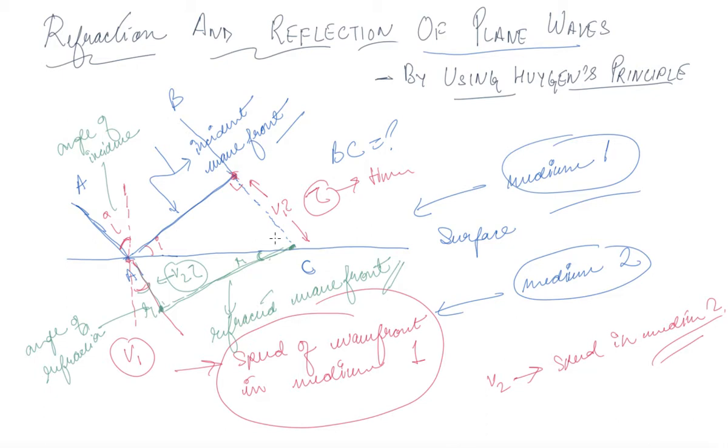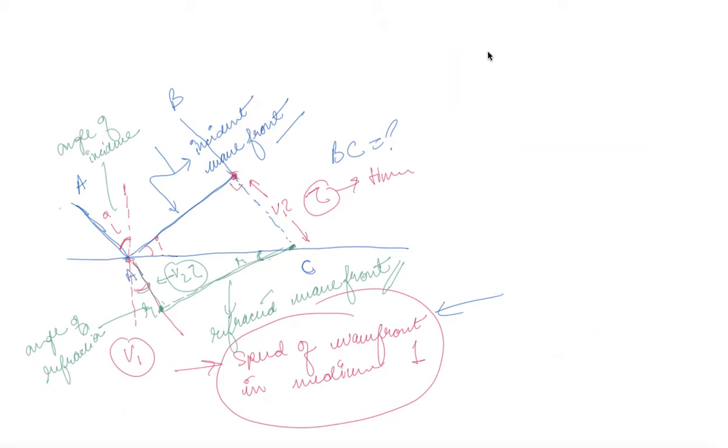Now if you look at this diagram and start doing our calculation, it would go in this way. After defining all of these quantities, look at sine I. Please keep in mind this is a right angle triangle. Therefore sine I is BC, the perpendicular.